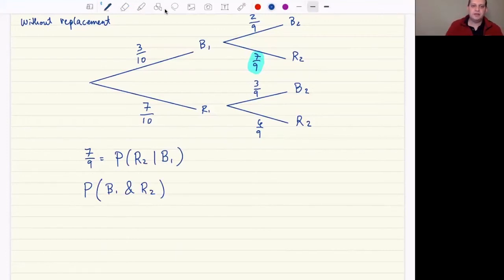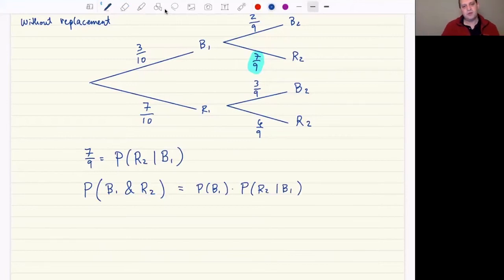There are a few ways to think about this. One way to reason it through is that this is going to be the probability that we select a blue marble first, times the probability that, given that happens, we select a red marble second. So that's R2 given B1.